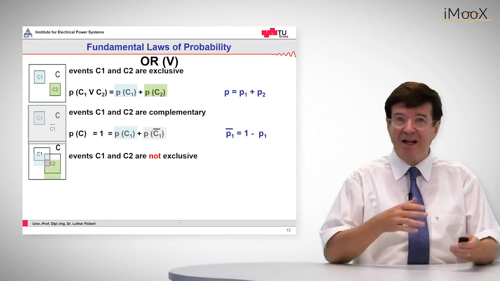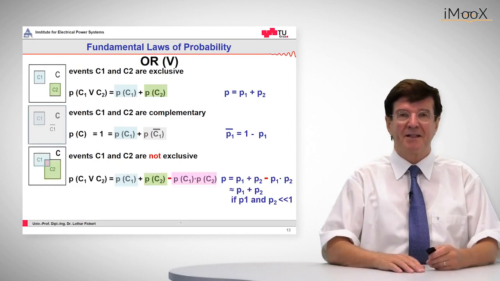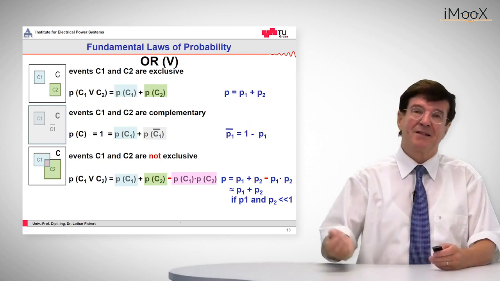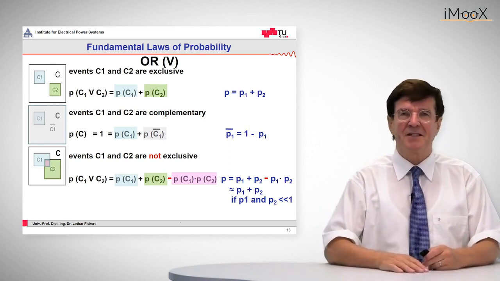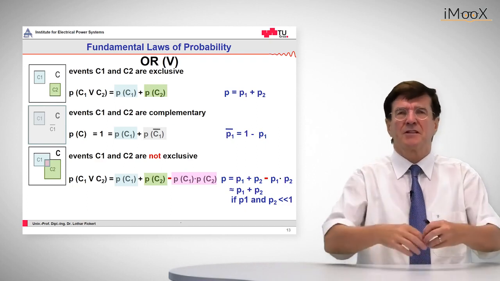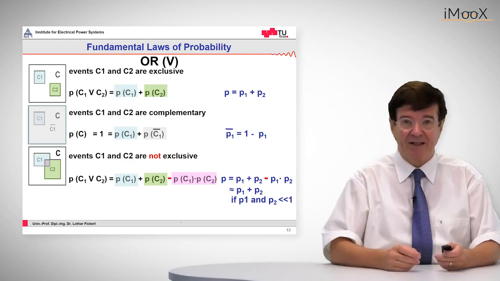That means they may happen at the same time, or they may not. Then the probability is given as the sum of the single probabilities minus the product. In technical reality, since these probabilities of failures, which is what we speak about, are so small, the product of small entities is so small that it more or less can be neglected.